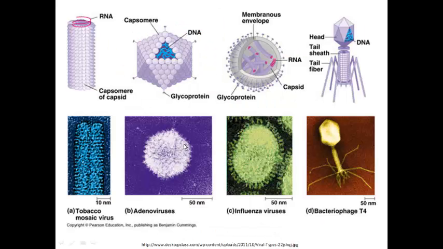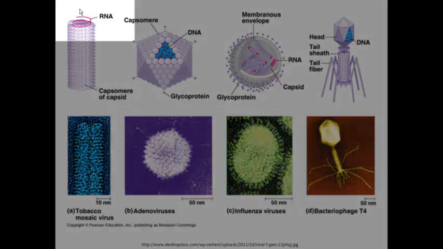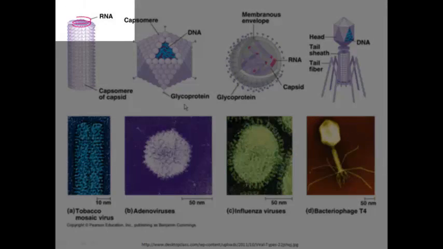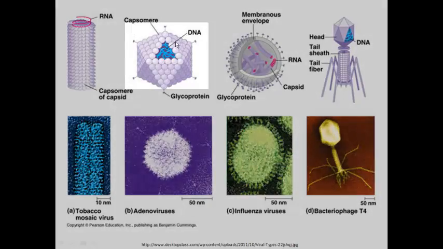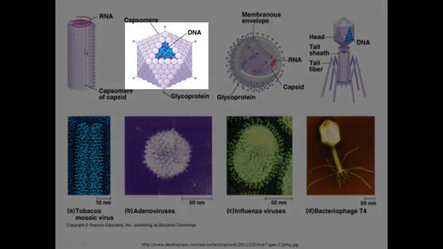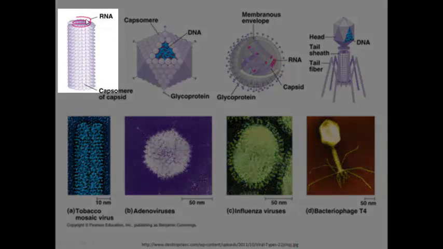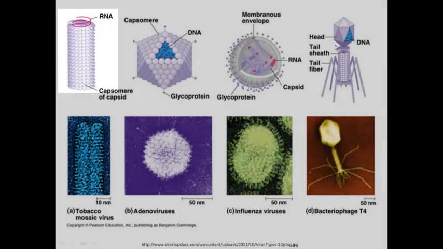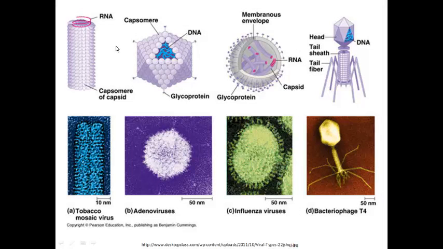Okay, we're going to look at the next slide here. Here are some structures. The key thing I want y'all to focus on is that there are two major structures in all of the viruses. You've got the DNA and RNA. That's the genetic material. Like right here, this adenovirus has DNA, whereas this tobacco mosaic virus has RNA. So it's got some sort of genetic material. All four of these different shapes do.